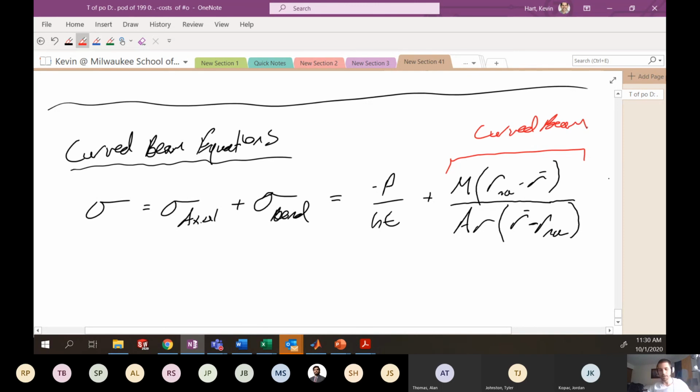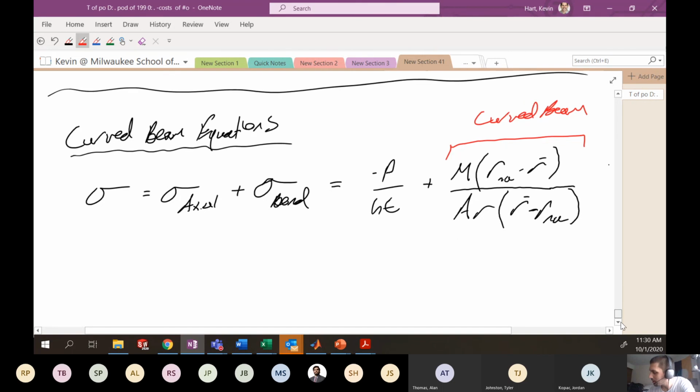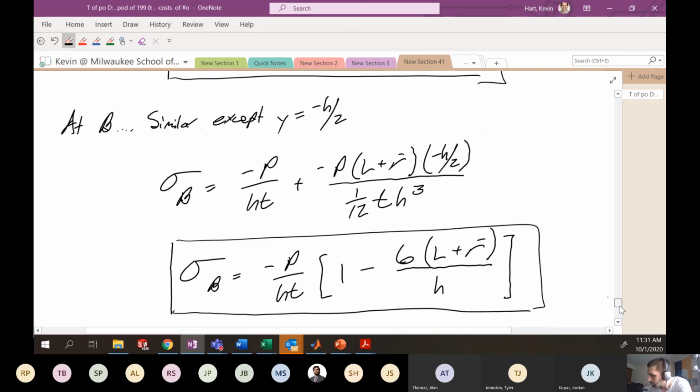That's the stress that comes into a curved beam from an applied bending moment. All right, so let's look at points A and B. At A, we have to define our position R so that we can punch it into this calculation.